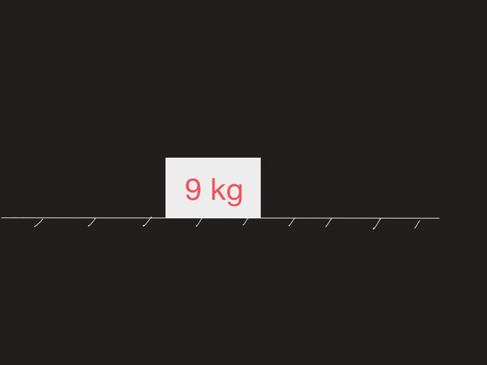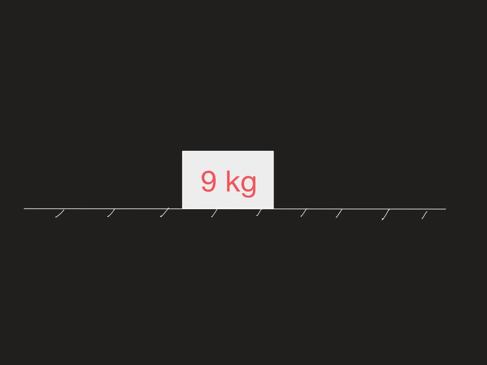Moving on to the second question, we want to know the situation if the applied force is acting at an angle of 30 degrees to the horizontal. So this angle is 30 degrees. We have the applied force P here.